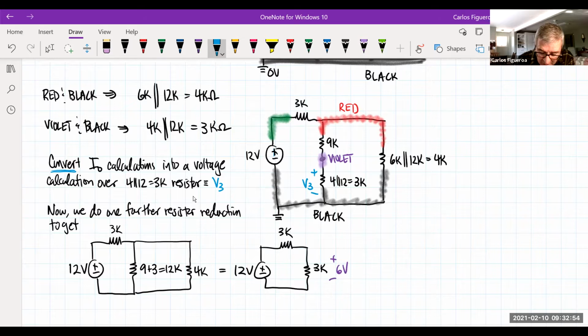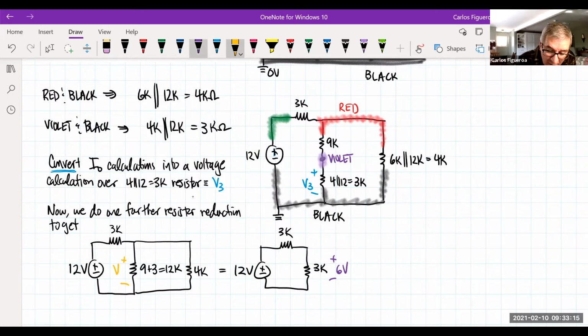But then note that the 4K is what? Let's be careful here. So that means I now have a voltage across these guys. Look at my notation here. When I look at that voltage, note that the 12K and the 4K are in series.